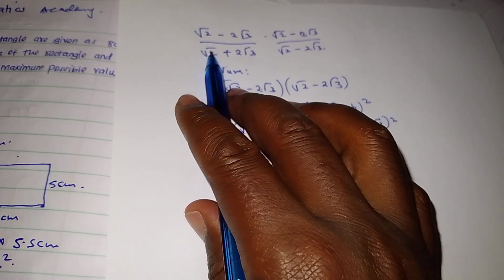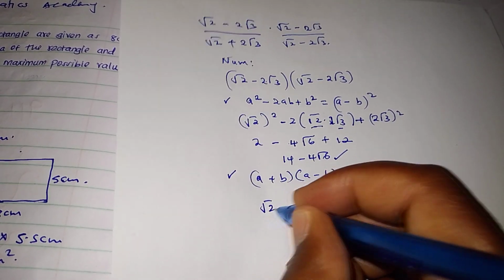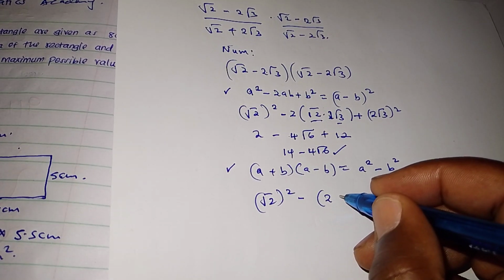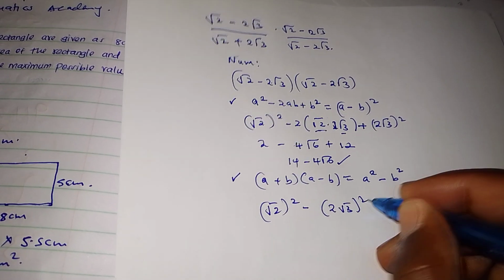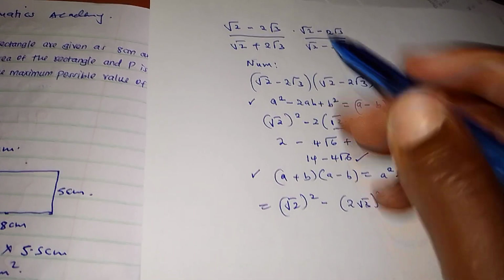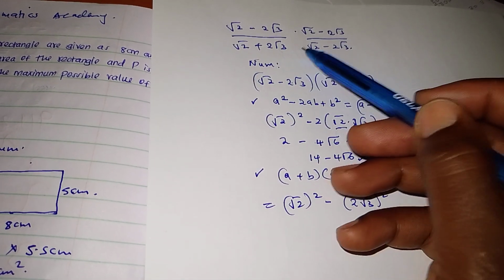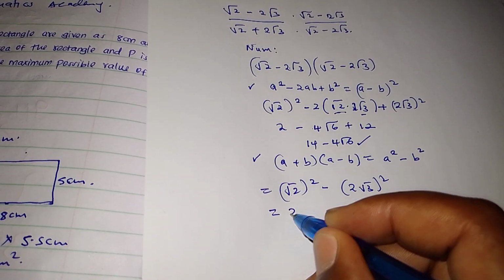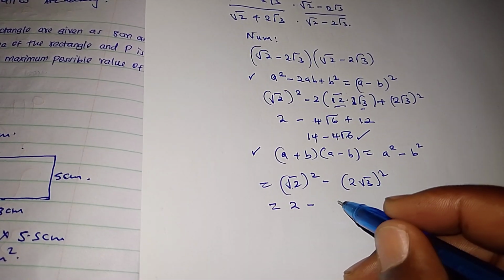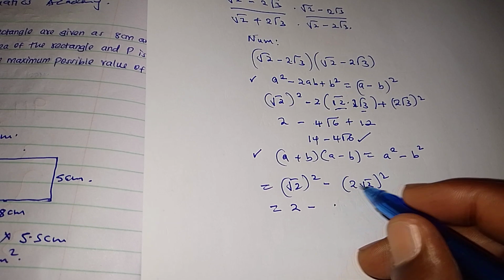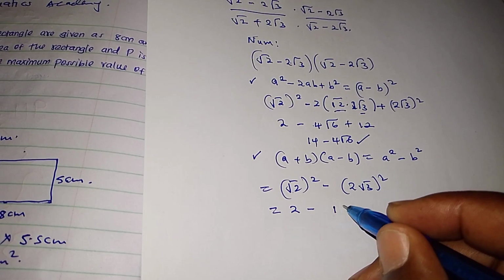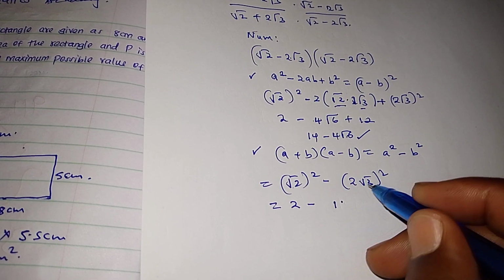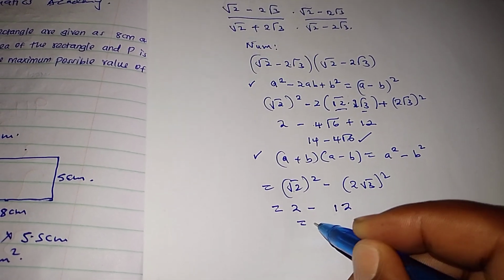So we square this one here, and then minus the second component squared. So this is 2 minus 2 squared, that's 4 times 3, we make it 12, right? Just 4 times 3, 12. So you have minus 10.